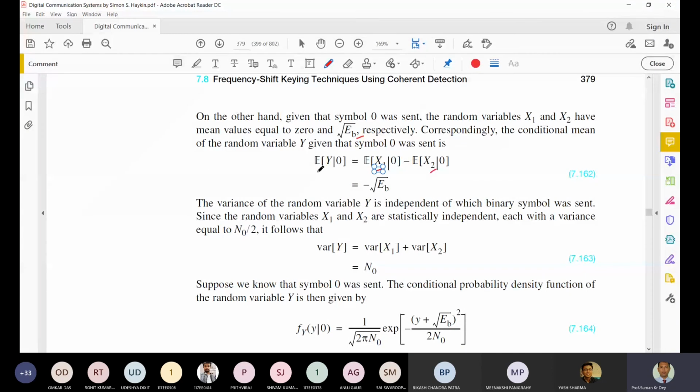So we get the conditional mean value E[Y|0] equal to minus square root of Eb.